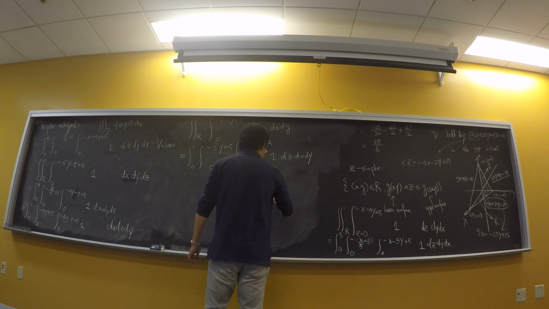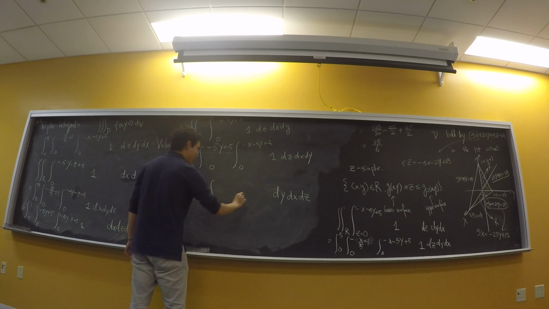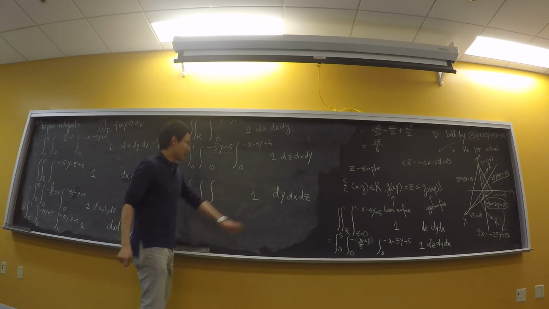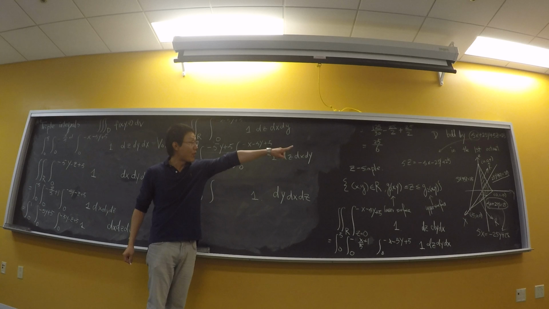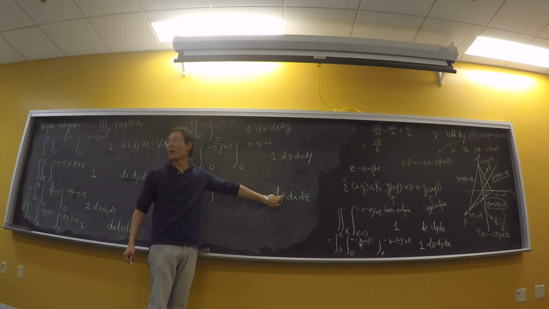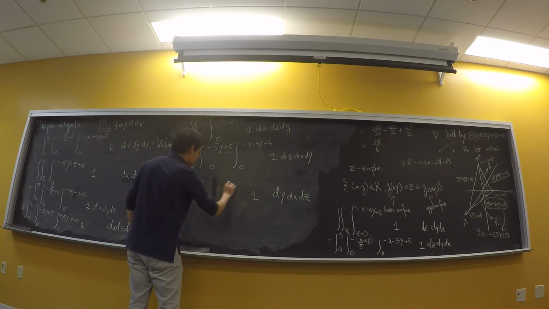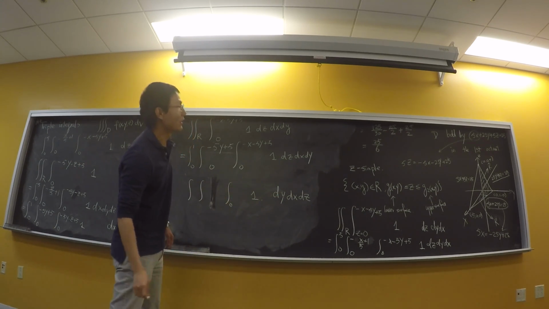So let's quickly go through dy, dx, dz, and the three functions here. For dy, I need to look at that defining function for the plane and solve for y, all right? I need to solve for y, and it's going to be from 0. So how to solve for y?